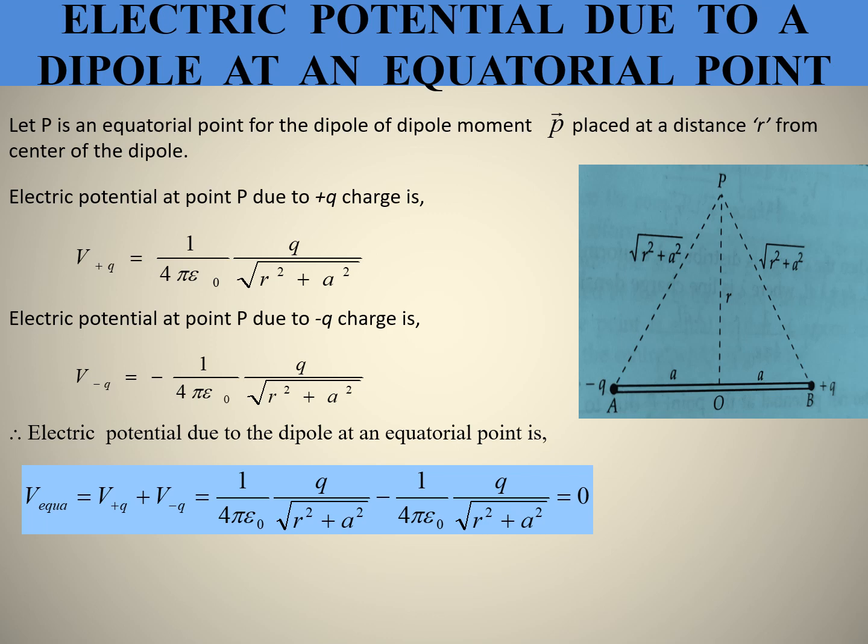Similarly, electric potential at point P due to the minus q charge is given by minus 1 by 4 pi epsilon naught q by under square root r square plus a square.